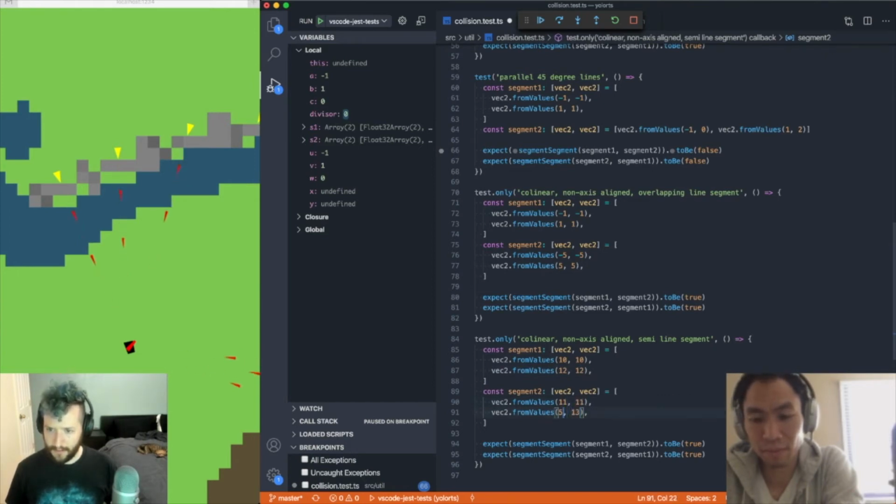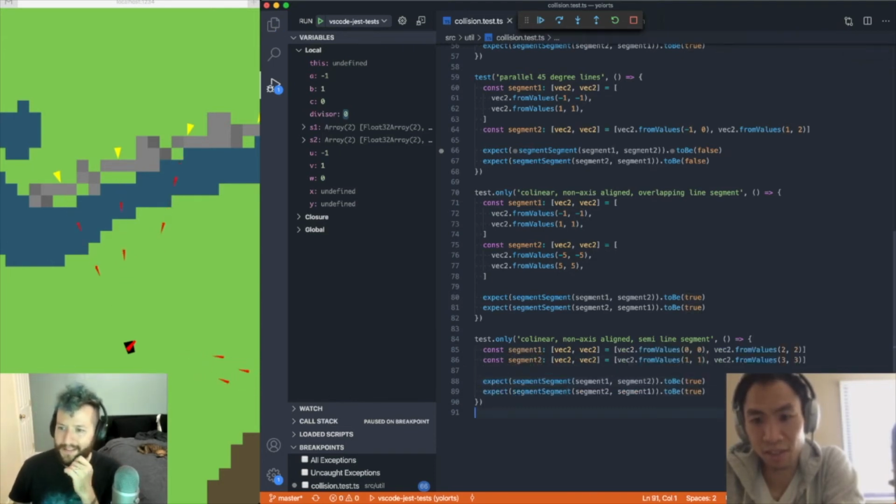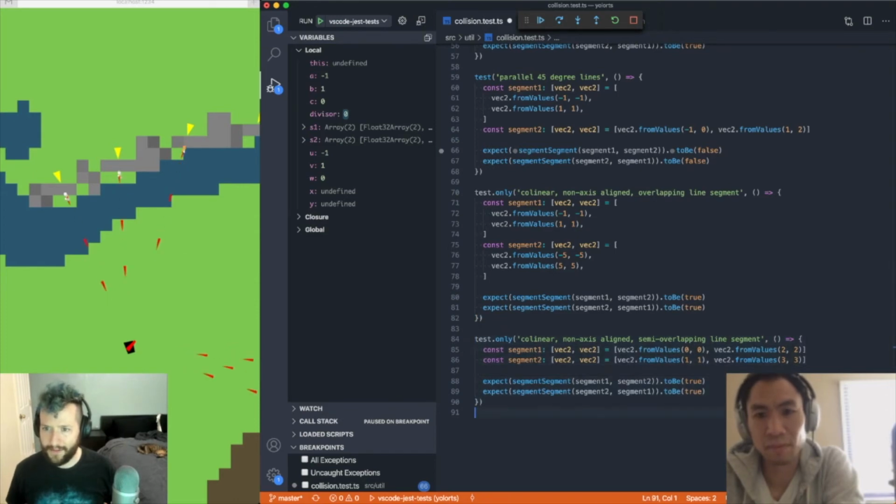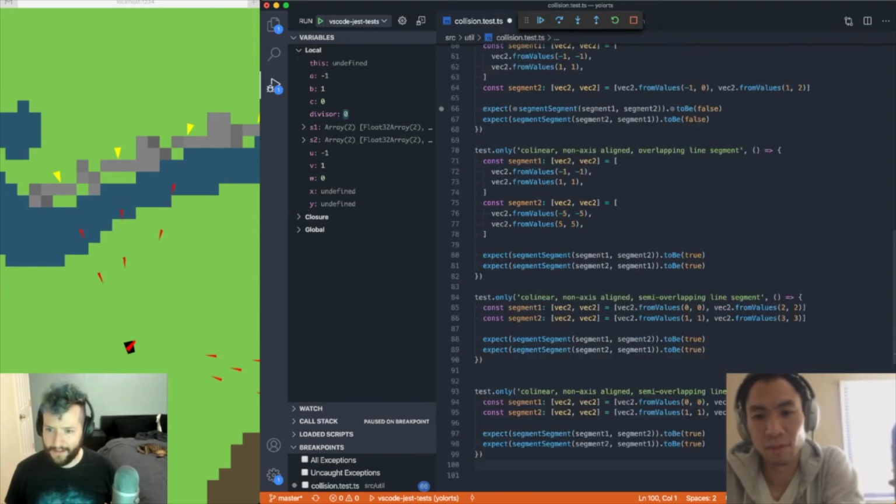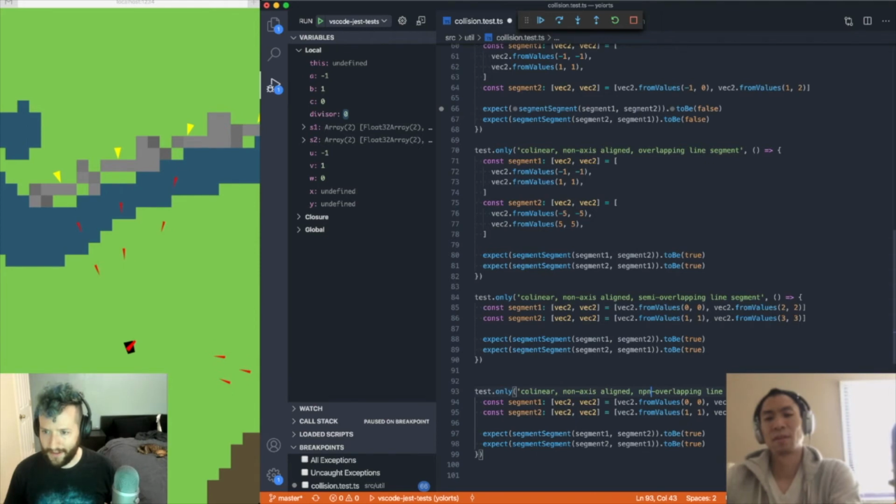So this is semi-overlapping. I don't know why I did this. These can all be smaller. Oh, I see. Yes. So that should be true. And then collinear non-axis line, non-overlapping.